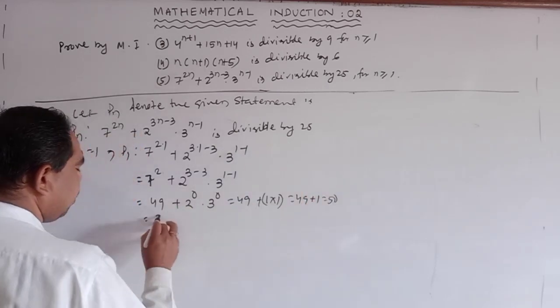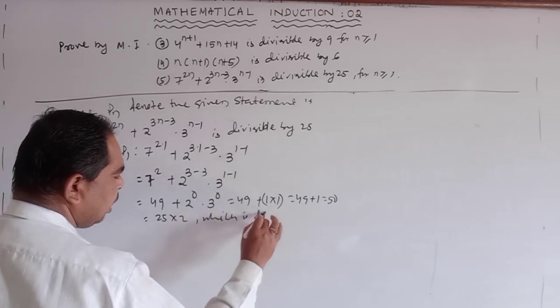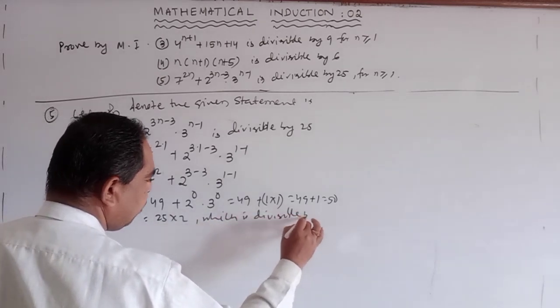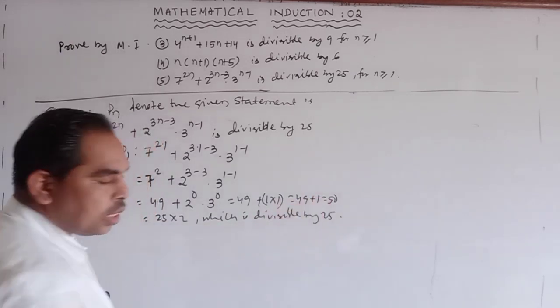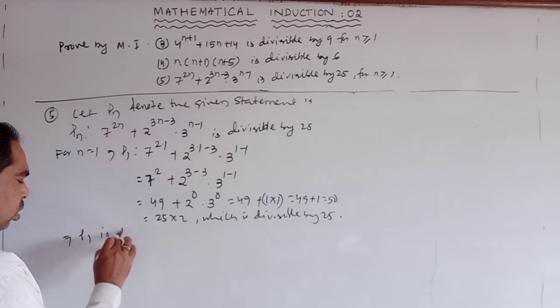So 50 is 25 into 2, which is divisible by 25.